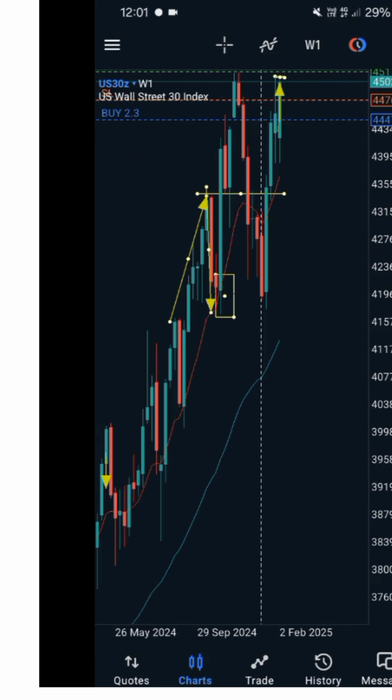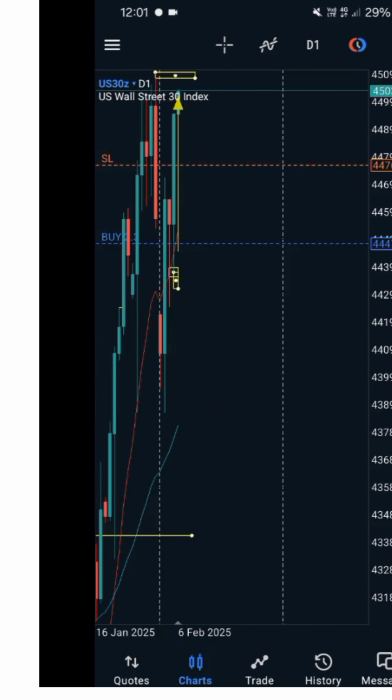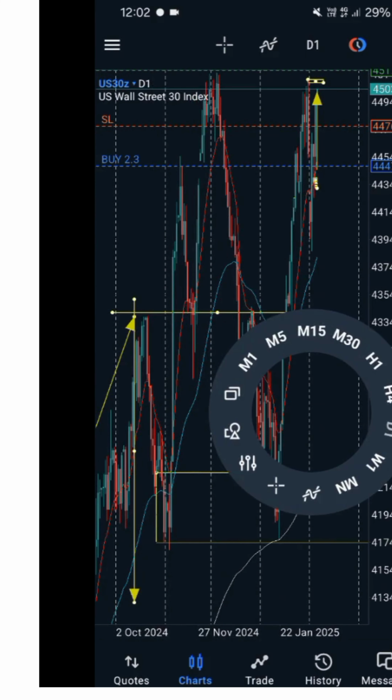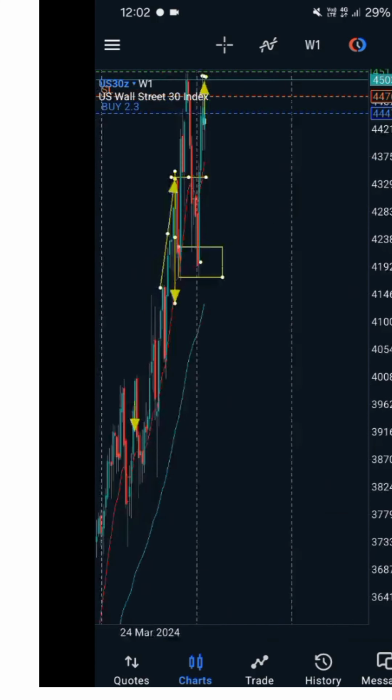And price came back to fill these orders that were at this order block or buy zone. So price has been moving from that, as you can see, 1, 2, 3, 4 weeks moving up. Just by understanding the structure, it helps you make better decisions in the market.